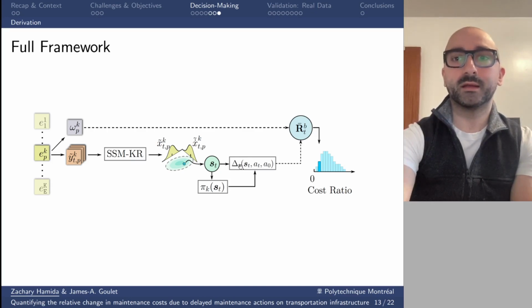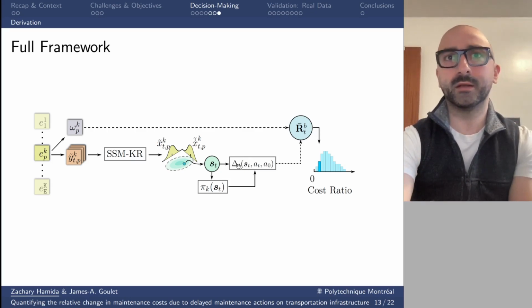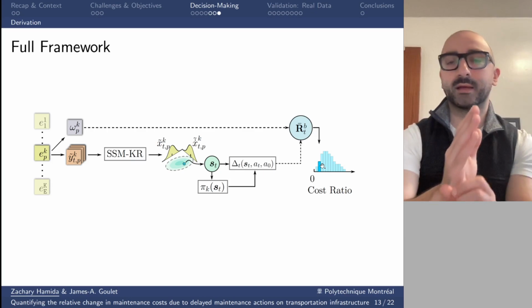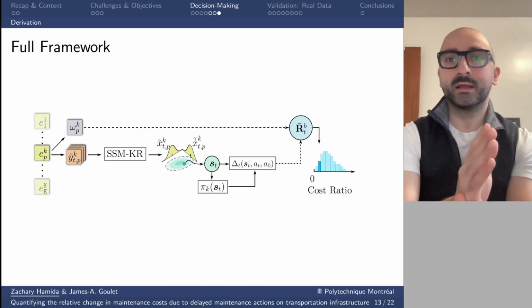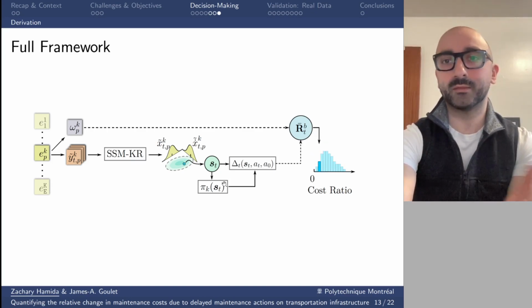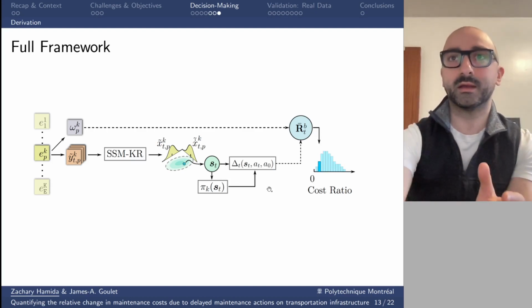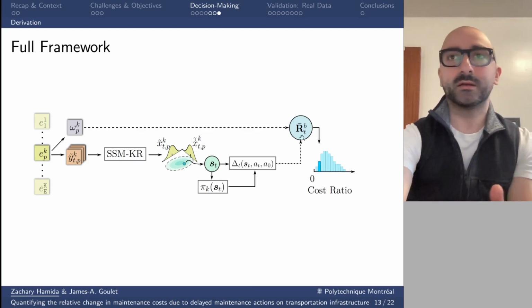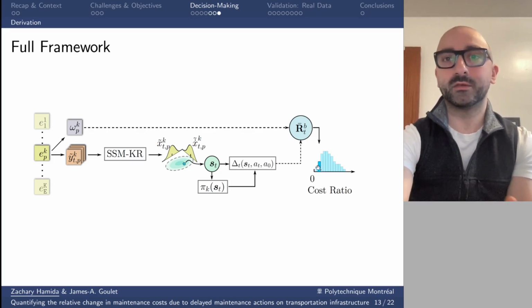From there, we can calculate the incurred costs for a single element. If we incorporate all this information, including the weights of the elements, we have one realization from the cost ratio distribution for a given bridge at a given time t. So this is really the principal idea: at a given time t, this is how we calculate each realization.